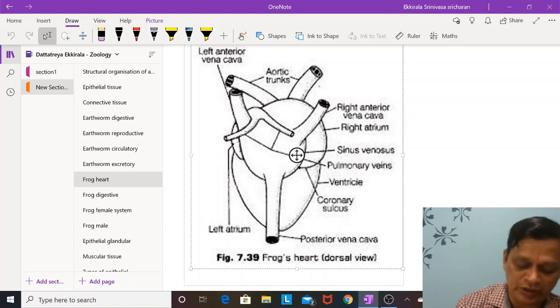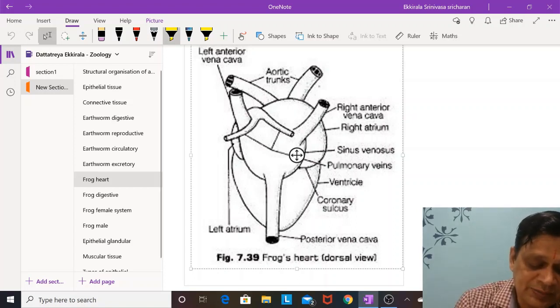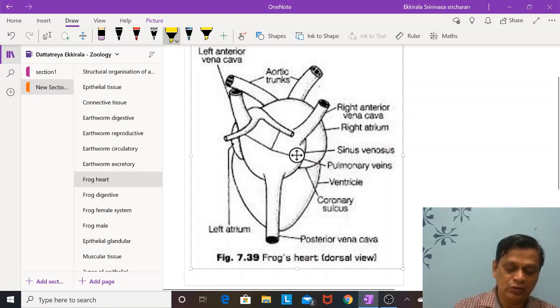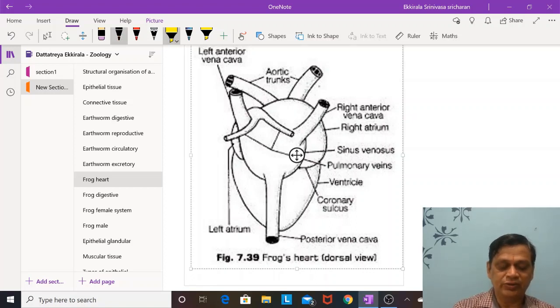and one ventricle. So what is present dorsally and ventrally is the sinus venosus and conus arteriosus. There is a structure called sinus venosus and conus arteriosus.